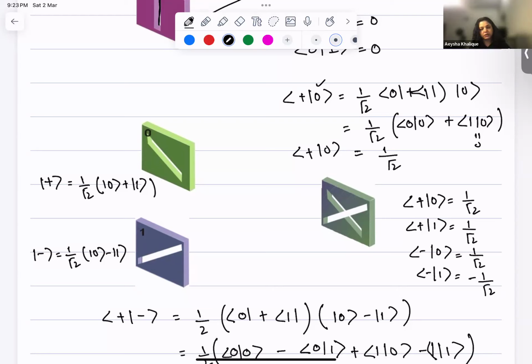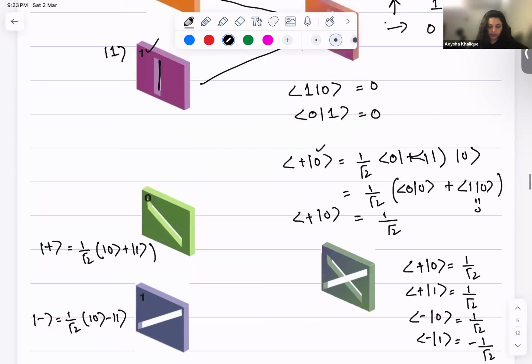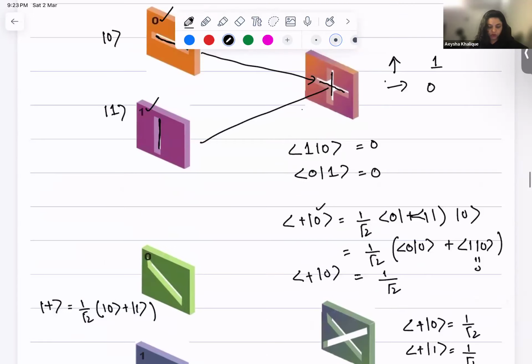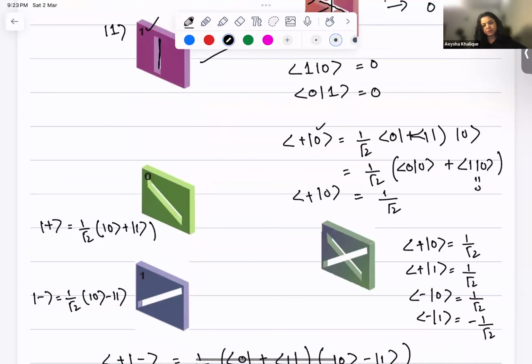So they are all non-orthogonal to each other, right? So plus and minus, though they are orthogonal with one another, are non-orthogonal to 0 and 1, which means that we have two pairs of states, each pair orthogonal within itself, but the second pair is non-orthogonal to the first pair. So we have two sets which are non-orthogonal to each other.